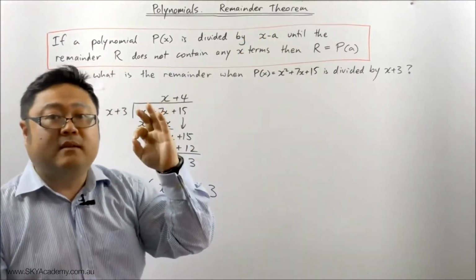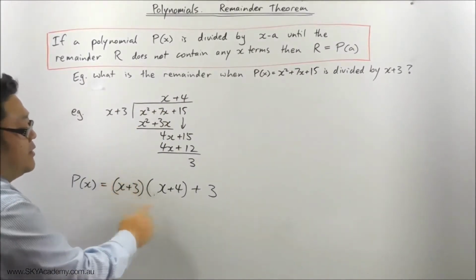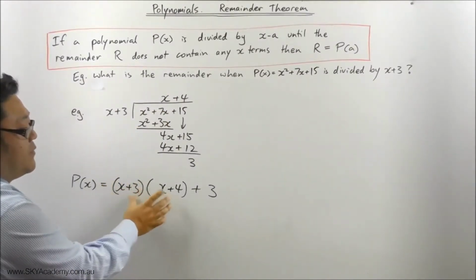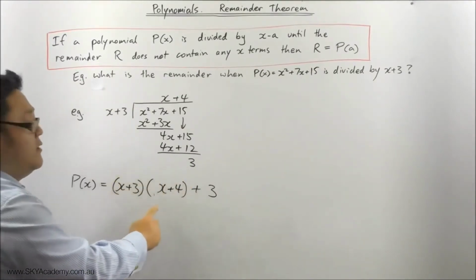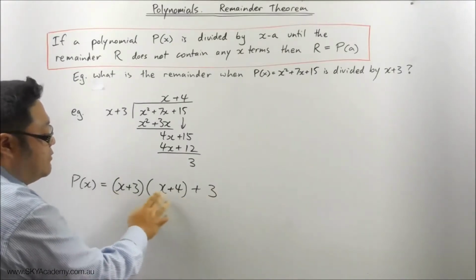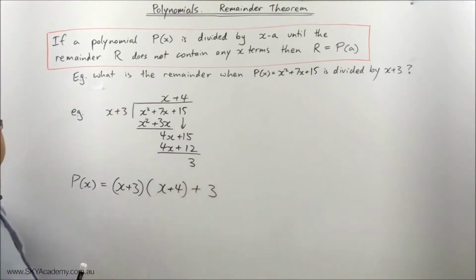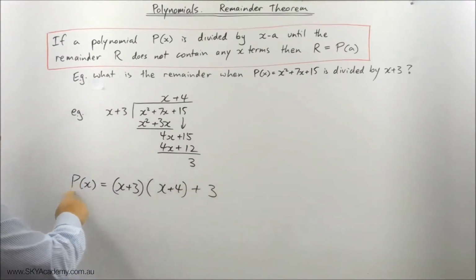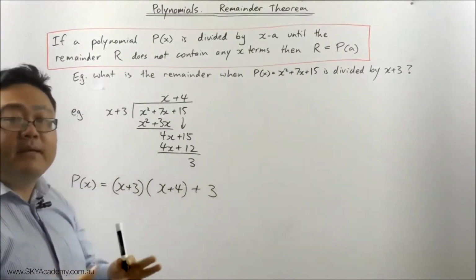Does that make sense? Which means that 0 times whatever your quotient is is going to make that 0. So in other words, what's left over? If that whole thing is equal to 0, what's left over is your remainder. So p of a will always equal your remainder. Got it?